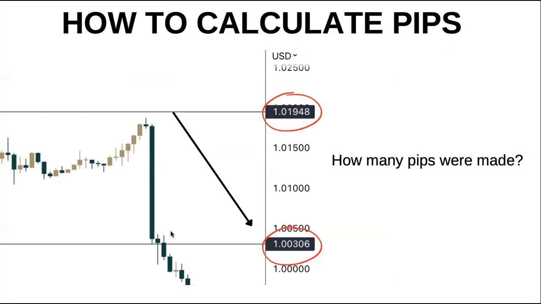You'll see here that price moved to the downside. And let's say our target was 1.00306. So we actually sold here, and we were anticipating that price was going to come down to this level. So the question here is, how many pips were made?